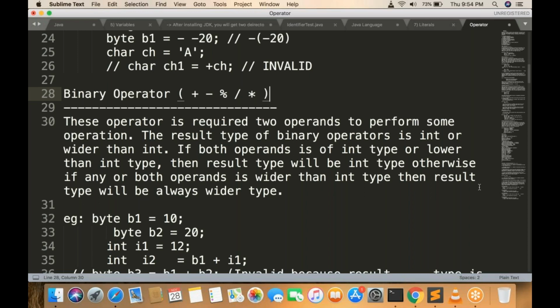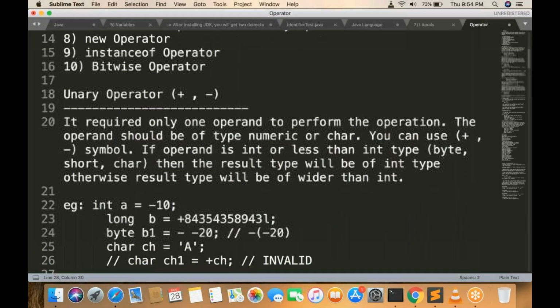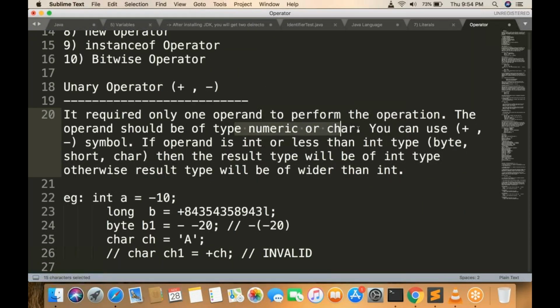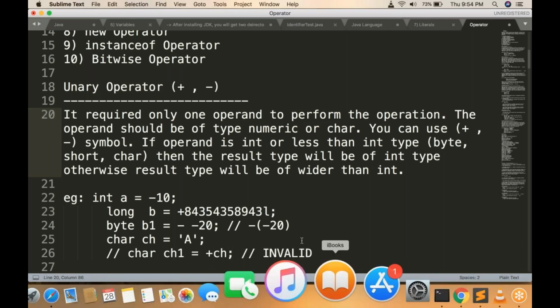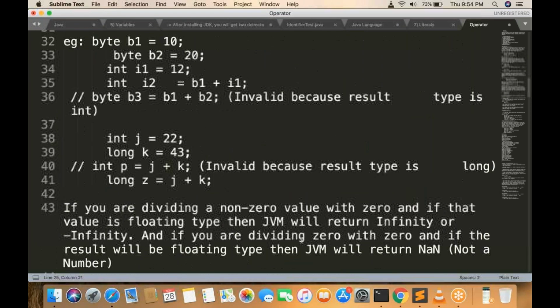It can be byte type, char type, or short type. I'm sorry, it should not be boolean type, because the type should always be numeric or character. Remember this.